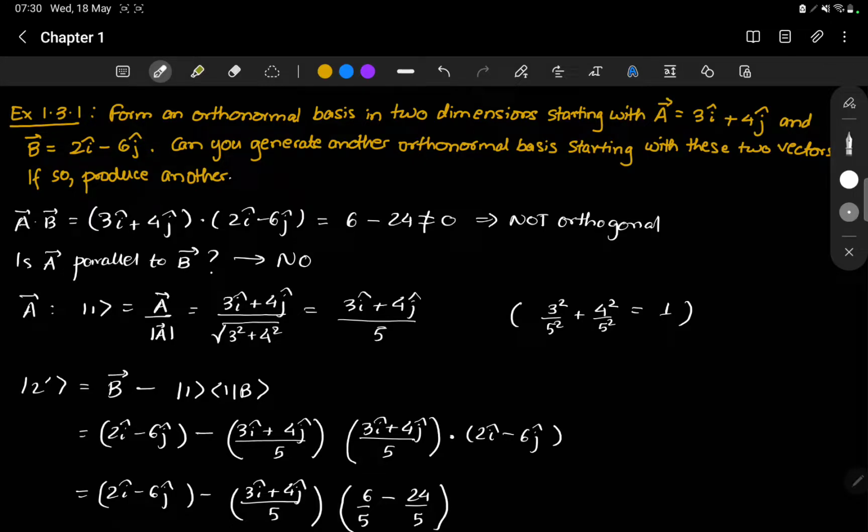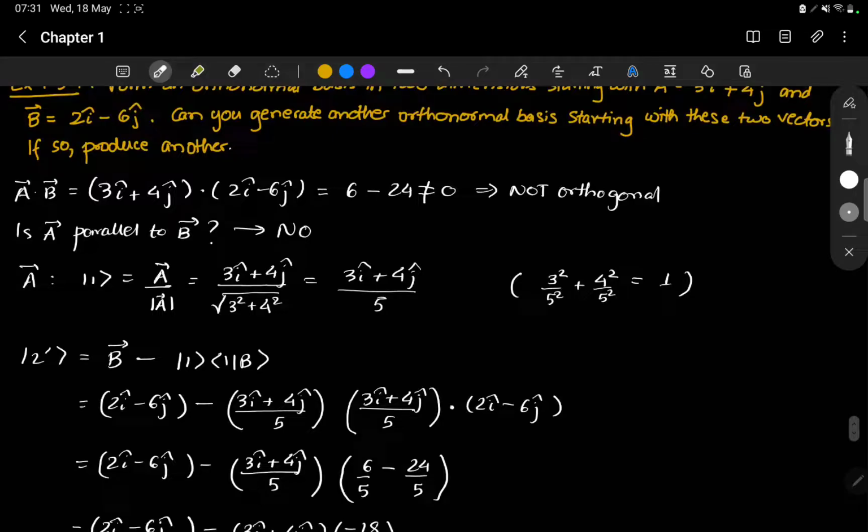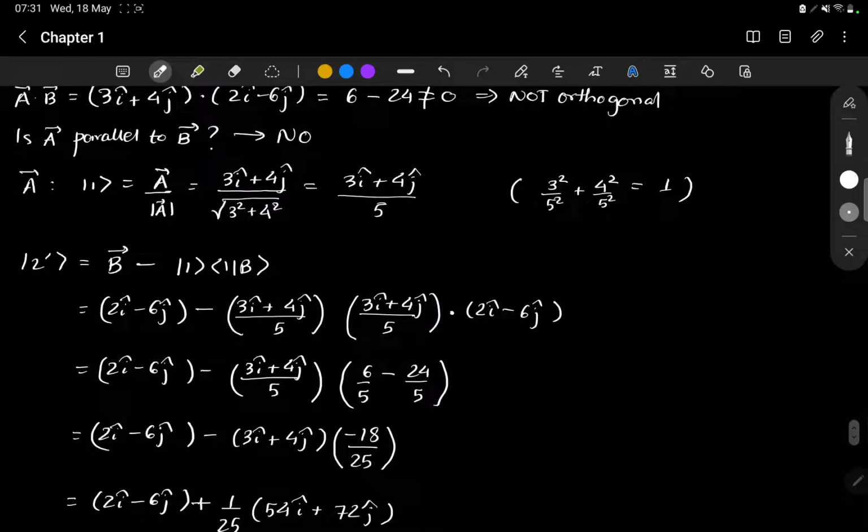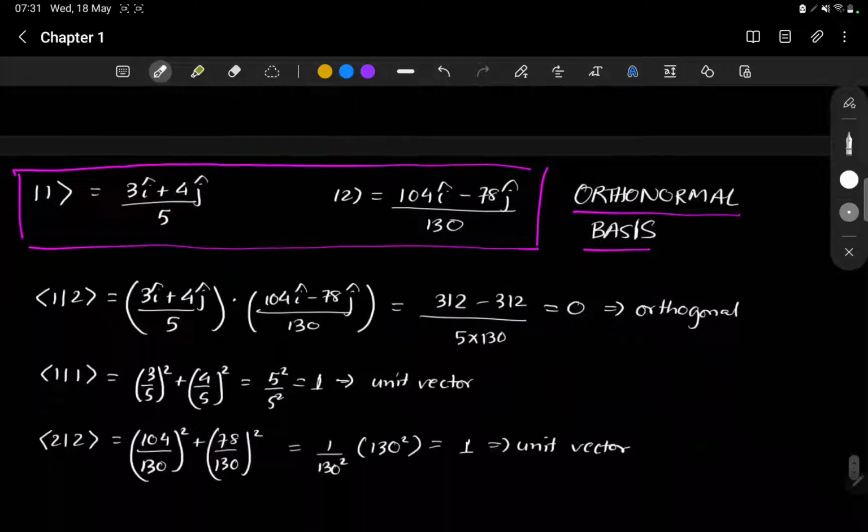But we could have also taken the vector B as our first vector in the Gram-Schmidt process. So if we take B as our first vector and normalize that, and then take the projection of A along B and subtract it, so if we take B as the first and A as the second, that is going to give us the second set of orthonormal bases. Let us see how we will get that.